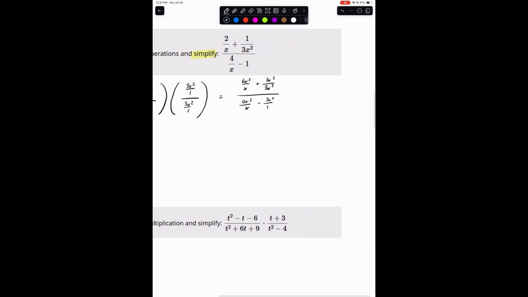So this simplifies down to 6x plus 1 over 12x minus 3x squared. If we factor the denominator, you can see that there is nothing left to be done, right? So this is our final answer.